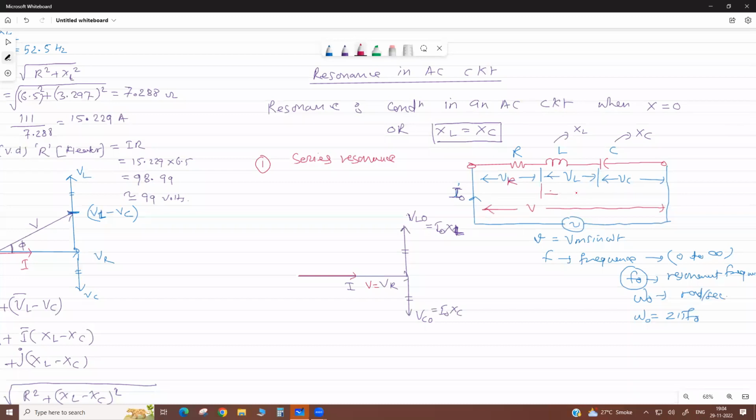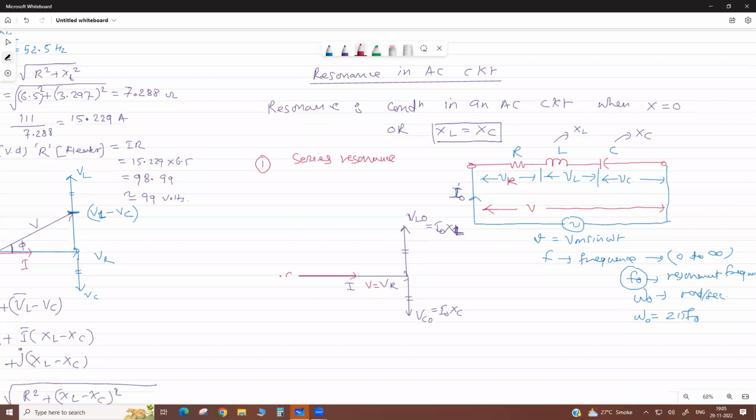If we calculate the net voltage, it will be 0, and the entire voltage comes across this resistance at resonance. Why? Because they are equal and opposite, so VL minus VC is 0. Now this is under resonance condition.